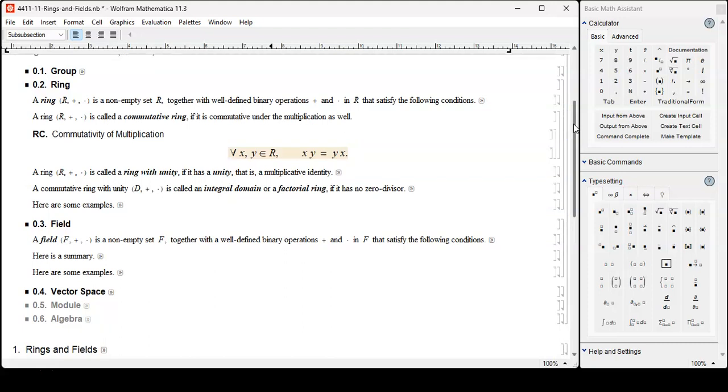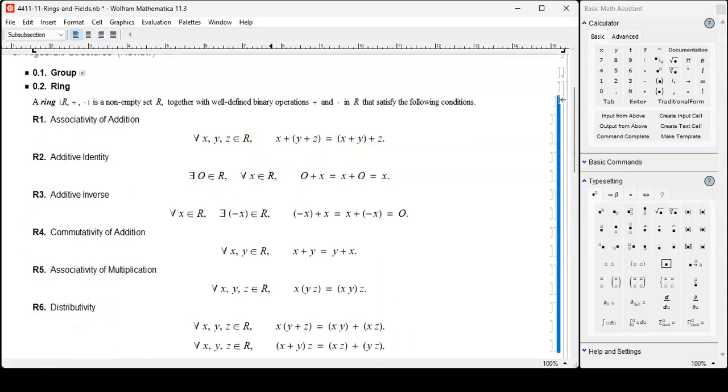We do not use the term abelian ring. The term abelian is used only for groups. For rings, commutative rings. So if you have a commutative ring, then you don't need both of these two. You can leave one of them out.